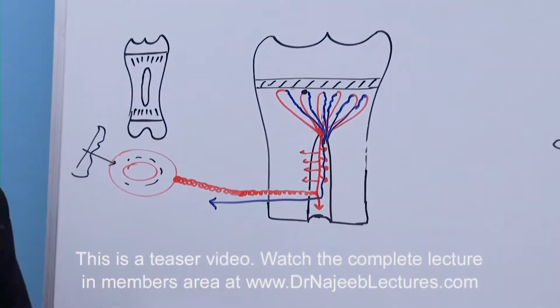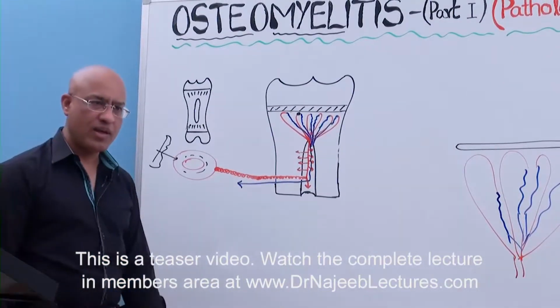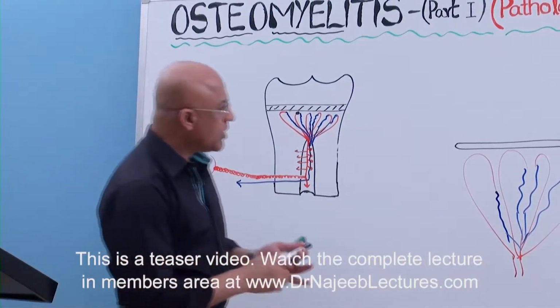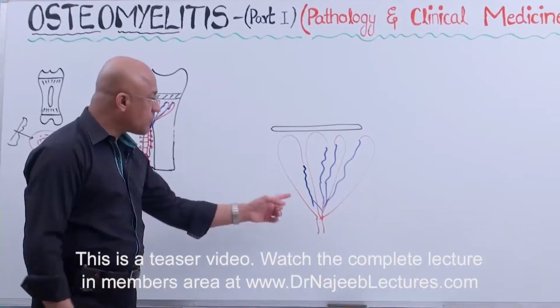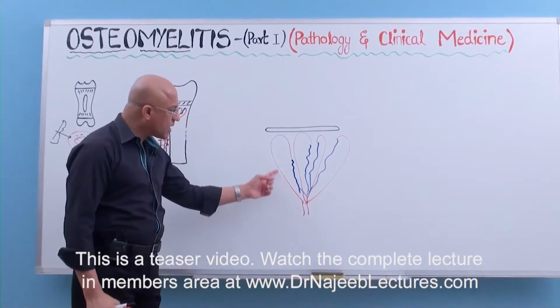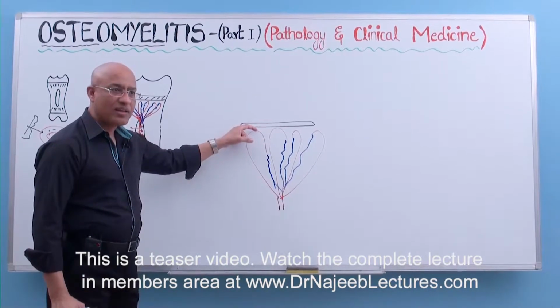Why? It will love to settle here, not anywhere else. The reason is that due to this special vascular pattern, when blood flow is rapidly coming here, on this turn it becomes very slow. Is that right?